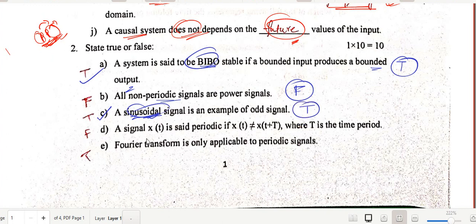Next, a signal x of t is said to be periodic if x of t does not equal x of t plus T, where T is the time period. So it is false, because if it is a periodic signal, then x of t will be equal to x of t plus capital T, where capital T is the time period. I already told you this in class.